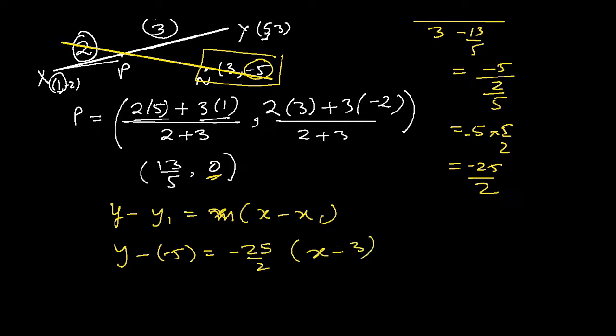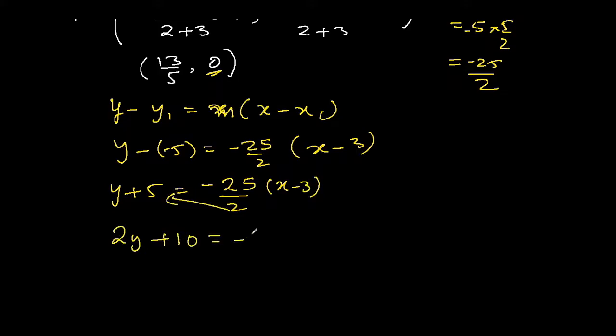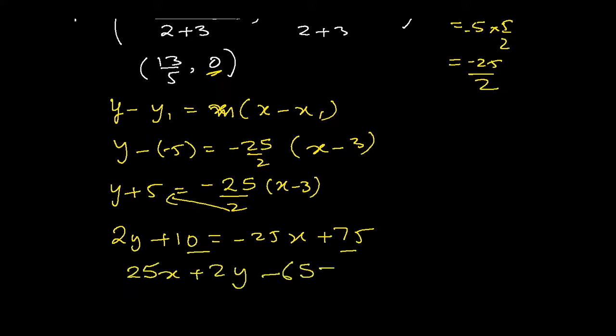Now we write the equation: y plus 5 equals minus 25 over 2 times (x minus 3). Multiplying by 2, we get 2y plus 10 equals minus 25x plus 75. Bring everything to the left side, it becomes 25x plus 2y plus 10 minus 75, which is minus 65, equal to 0. This is the equation of that line.